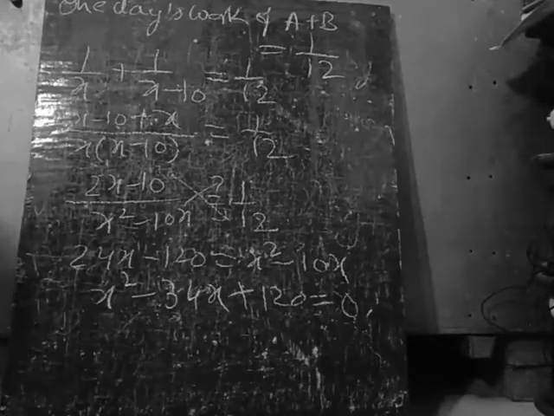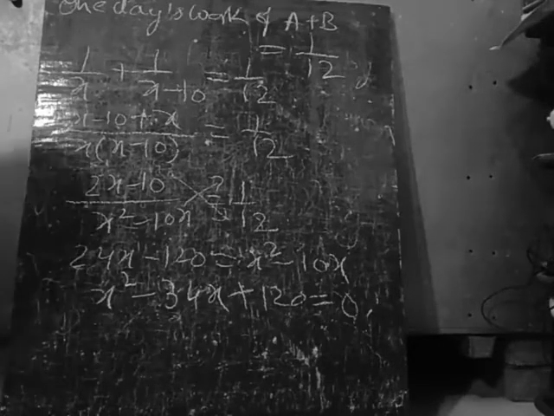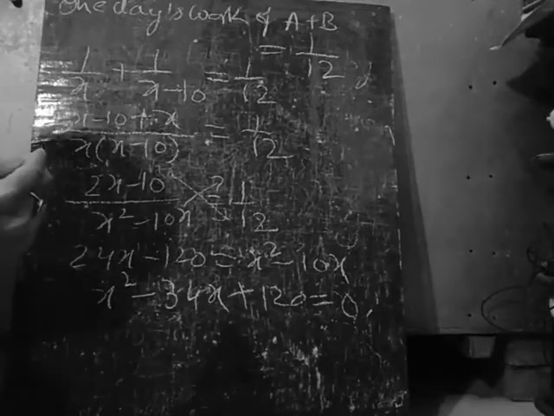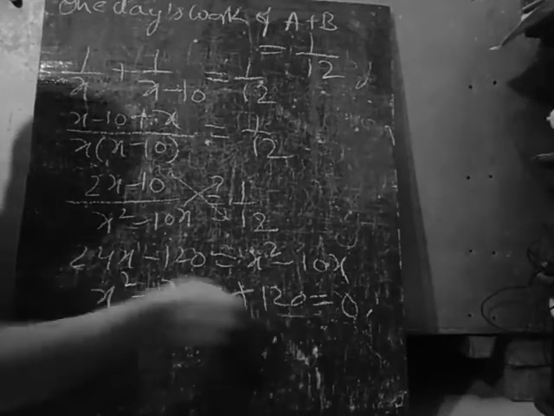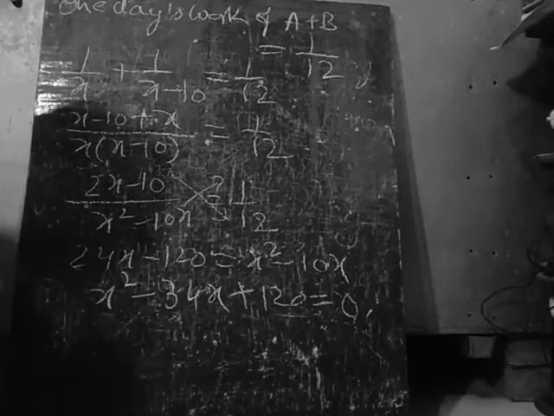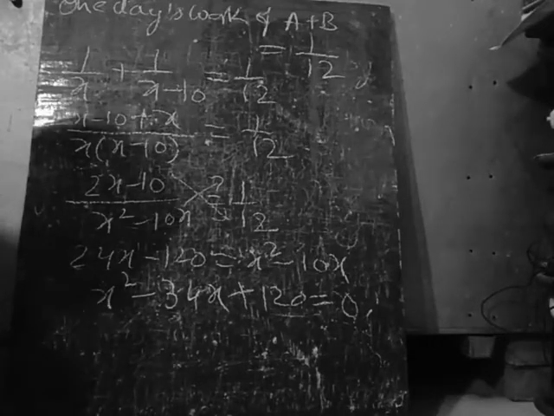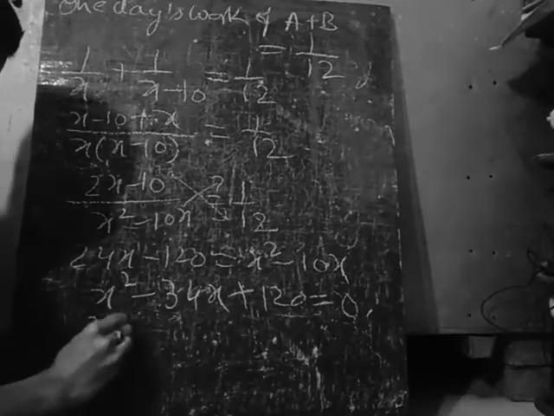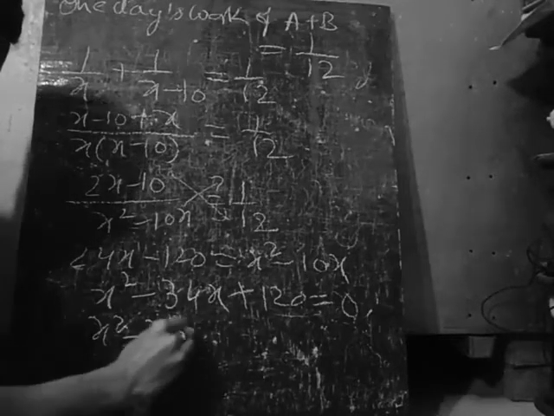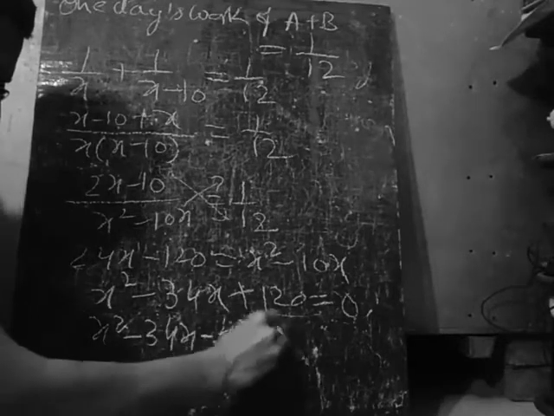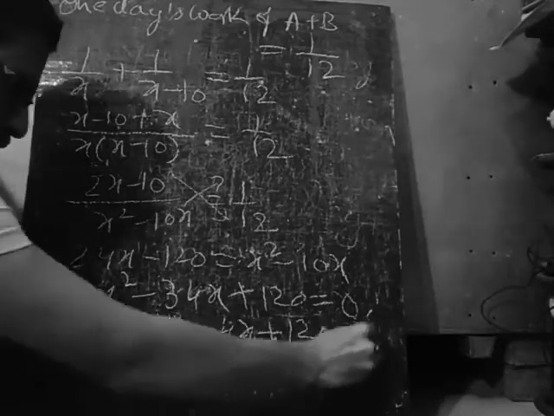Now we will have to factorize this to get the value of x. So, what will be the factors? Factors of 120 that add to 34 will be 30 and 4. So x square minus 30x minus 4x plus 120 is equal to 0.